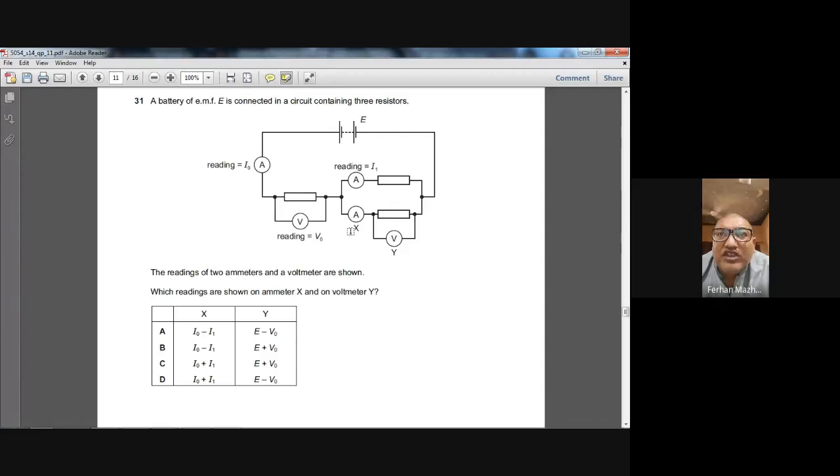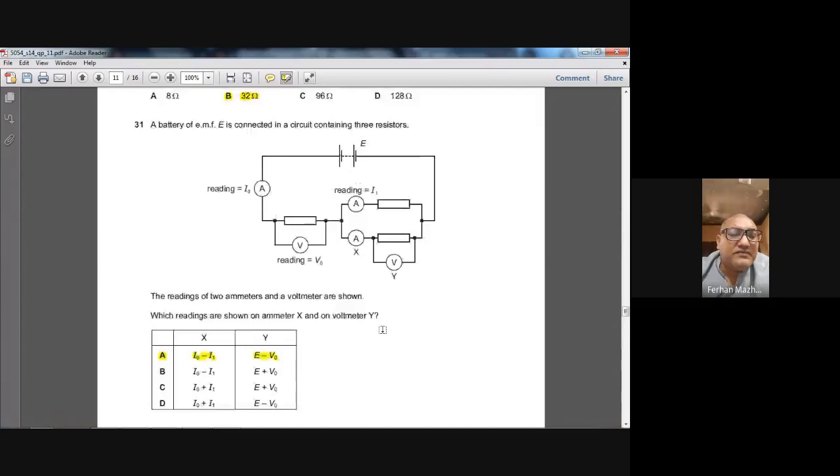So the voltage drop on each of the branches will be equal to E minus V naught. So clearly A is the right option.